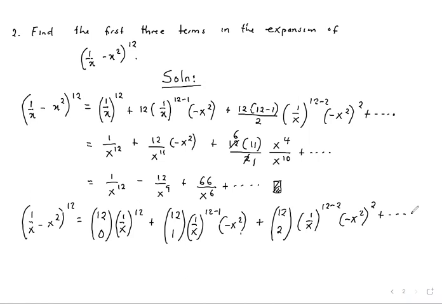Before they move to this step here, the first thing will be calculating 12 choose 0, calculating 12 choose 1, calculating 12 choose 2. And then when they get these numbers, that's when you come to this step, and then this step.